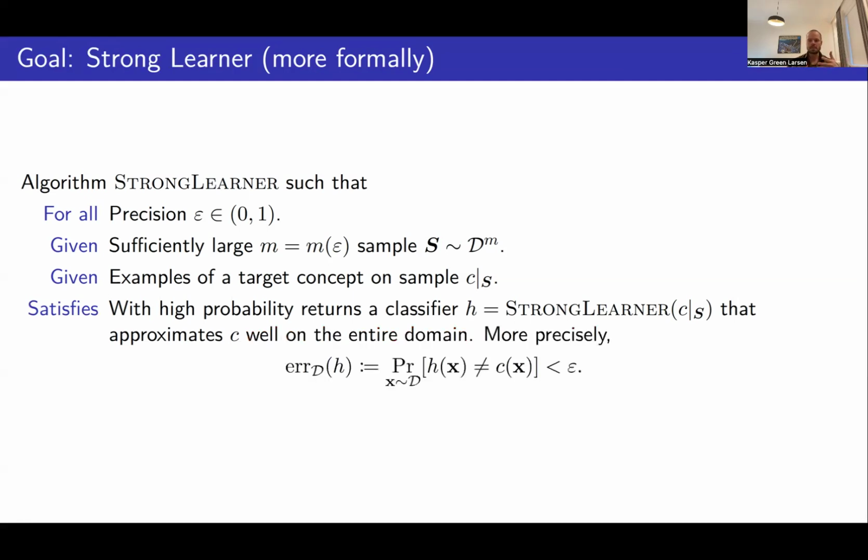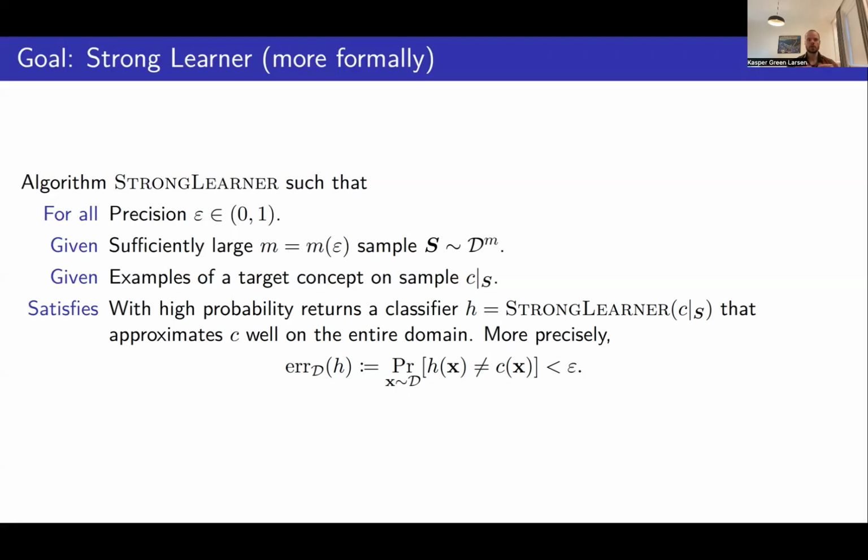By this we mean that the error of the classifier H, namely the probability over a fresh data point from the same distribution as the training data that I misclassify it, that my prediction h of x is not equal to c of x, the true label of this data point, is at most epsilon.